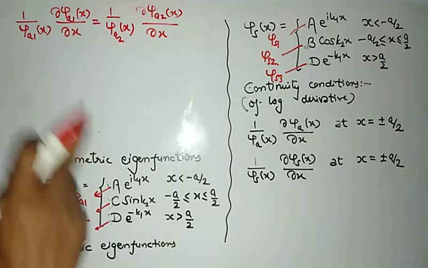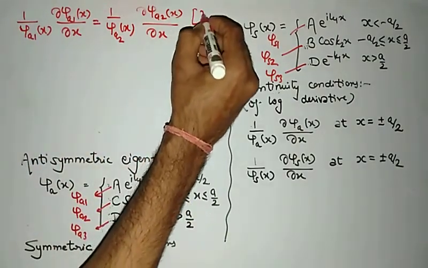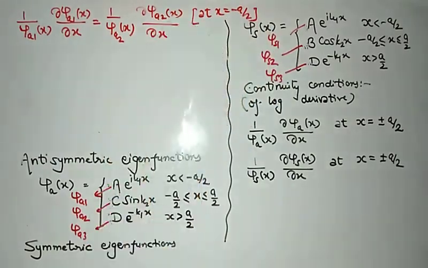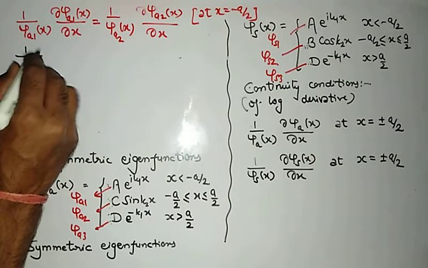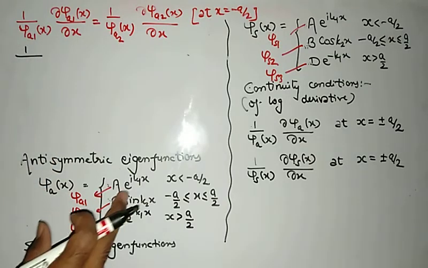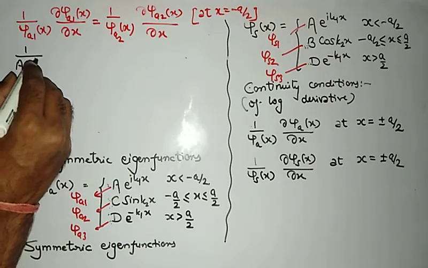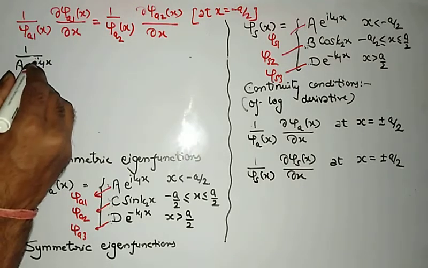So use this relation for x is equal to minus a by 2 and x is equal to a by 2, this relation. So what we get, 1 upon psi a1 x, that is this one, 1 upon a to the power k1x, this is not I, only k1x.